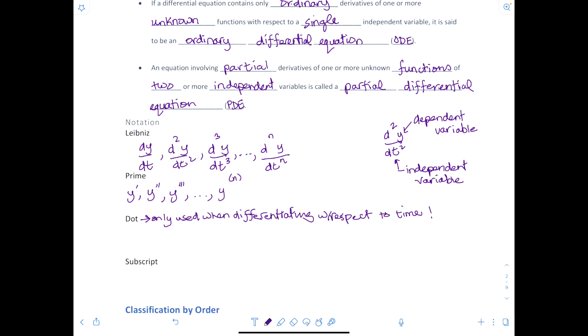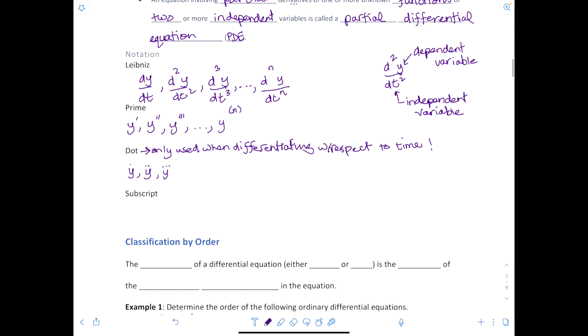Using that same example, y dot would be the first derivative, y dot dot, y dot dot dot, etc. And then subscript notation is used quite a bit in partial differential equation classes, higher level classes.